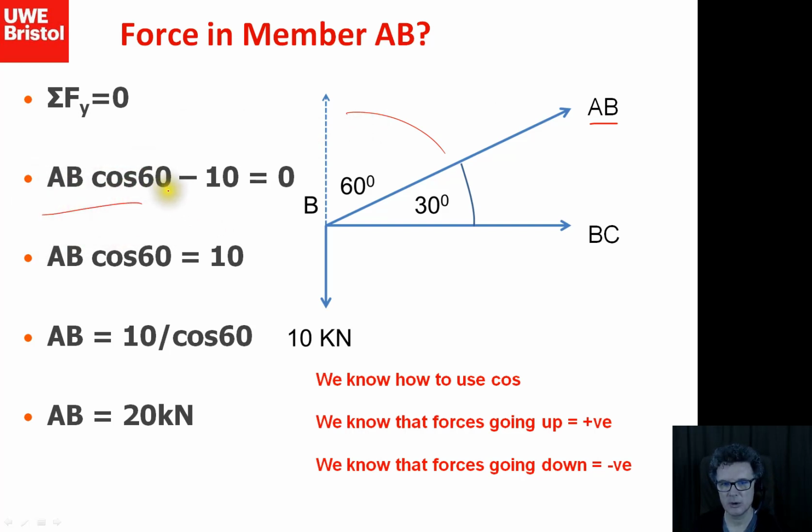So I swung it through 60 degrees, so AB cos theta. My 10 is going downwards, so it's going to be minus 10. So you should have ended up with AB cos theta equals 10. AB equals 10 divided by cos theta. Then use your calculator to find out what cos 60 is. And so we then find that we got AB equals 20 kilonewtons.